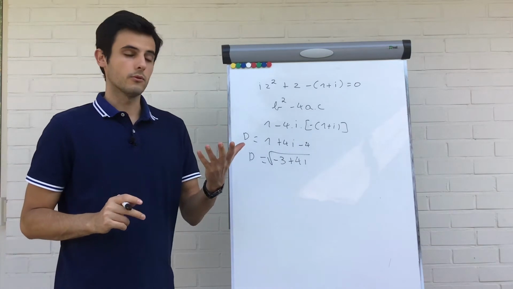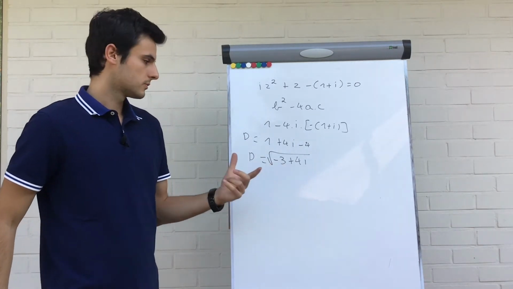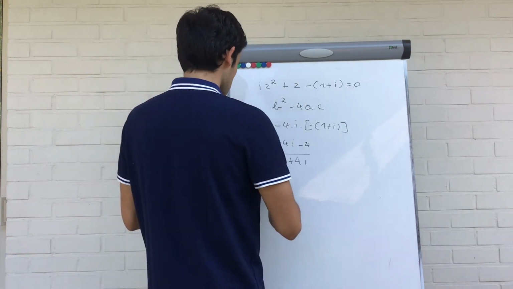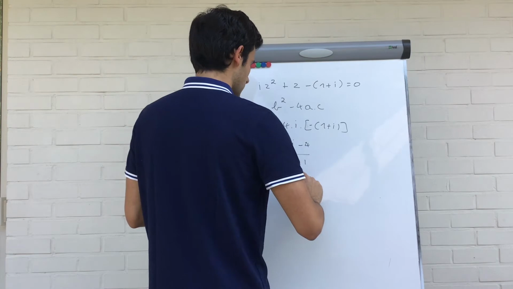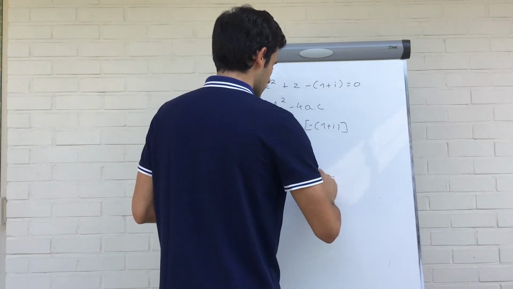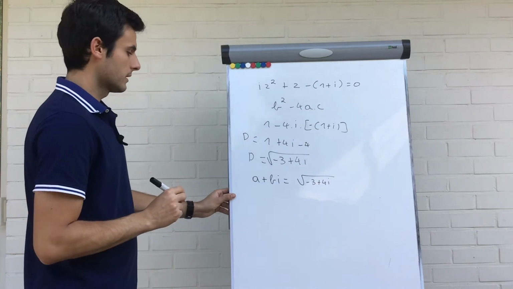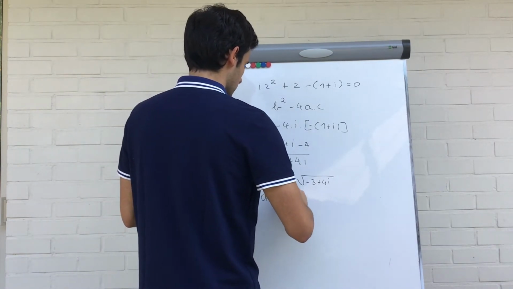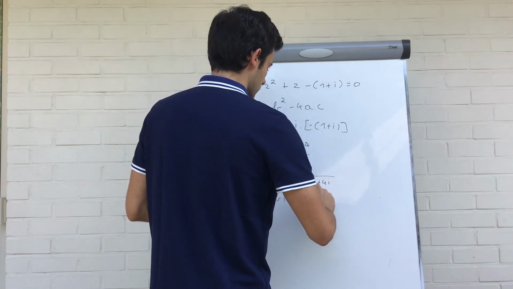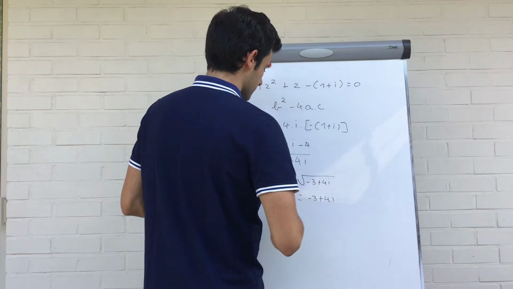Now, we can solve this because this is equal to a complex number. So we can say that a + bi is equal to the square root of -3 + 4i. Or we can say that (a + bi)^2 is equal to -3 + 4i.